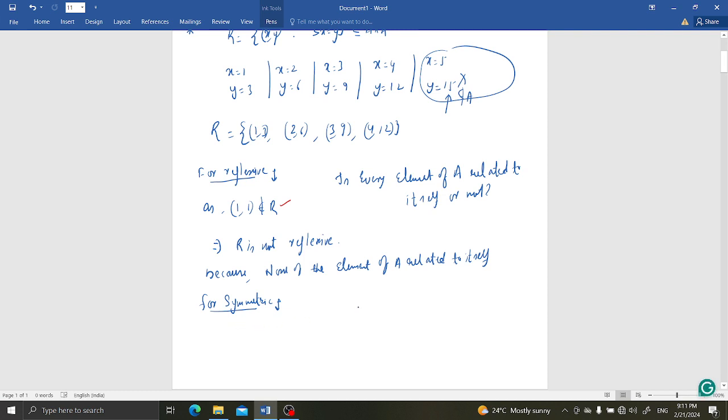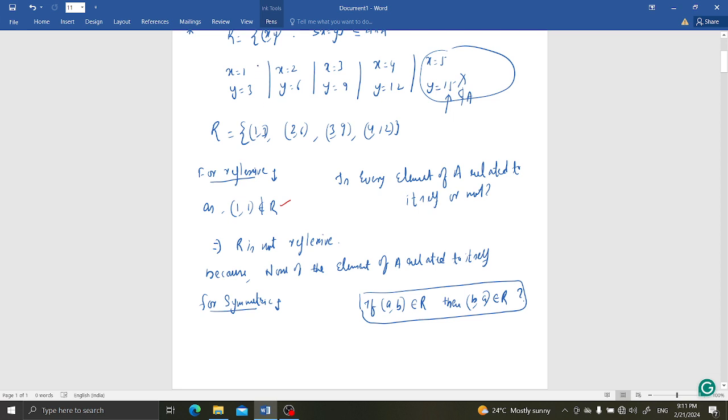That is, we need to check if (a, b) belongs to R, then (b, a) has to be in R. If this is possible for each ordered pair, then we say it is symmetric.